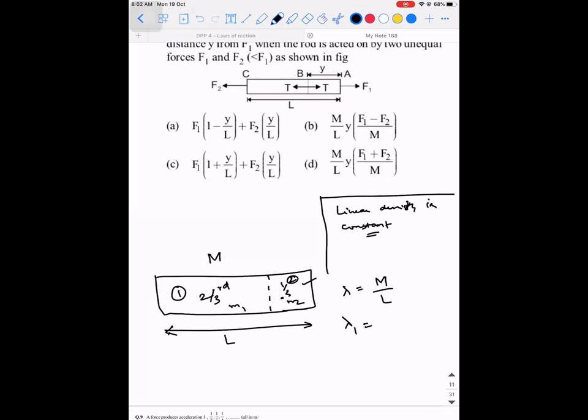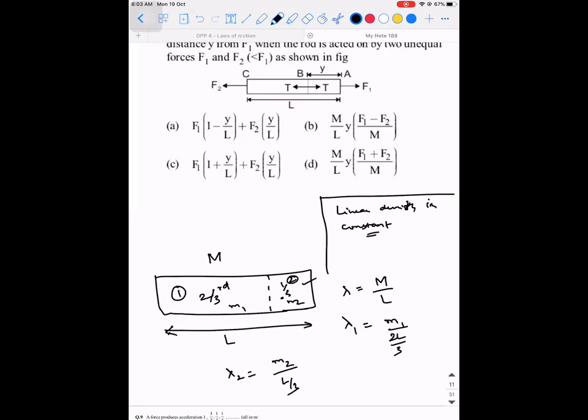It will be the mass of the first portion divided by 2L by 3, correct? Mass divided by the length of that portion. So what will lambda 2 be? That will be M2 divided by L by 3, correct? Are you guys able to understand this point?